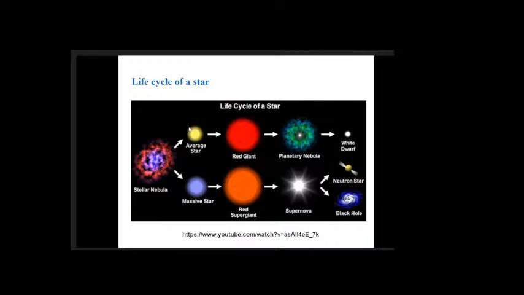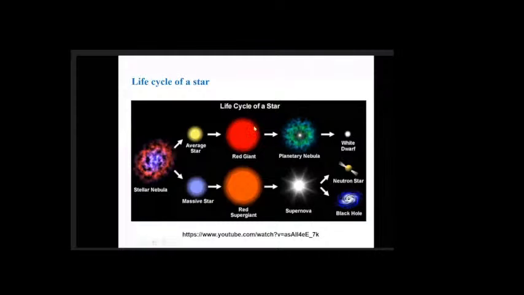So in that phase, this core will start collapsing further, and the outer layer of that star will expand because of this radiation. Because of that expansion, as I said, expansion makes things cooler. So the outer shell will be cooler and cooler, and it will look red. That part is called the red giant phase.